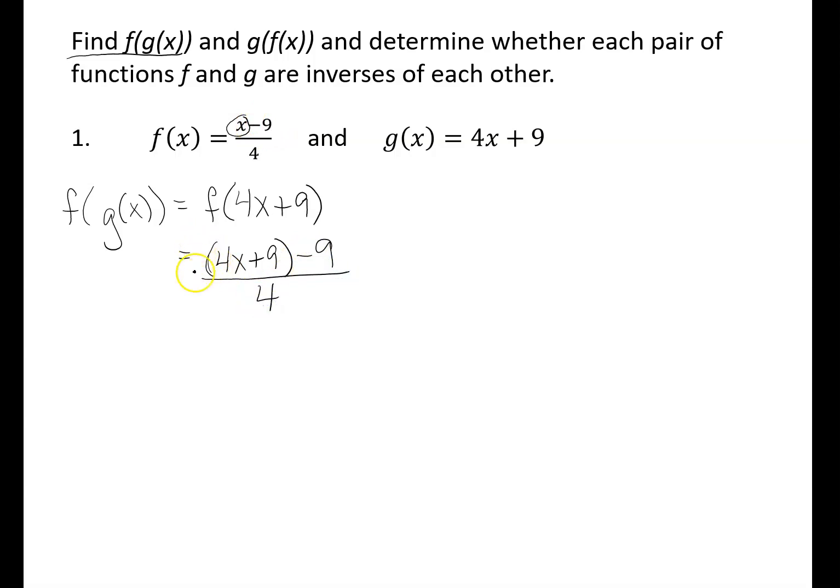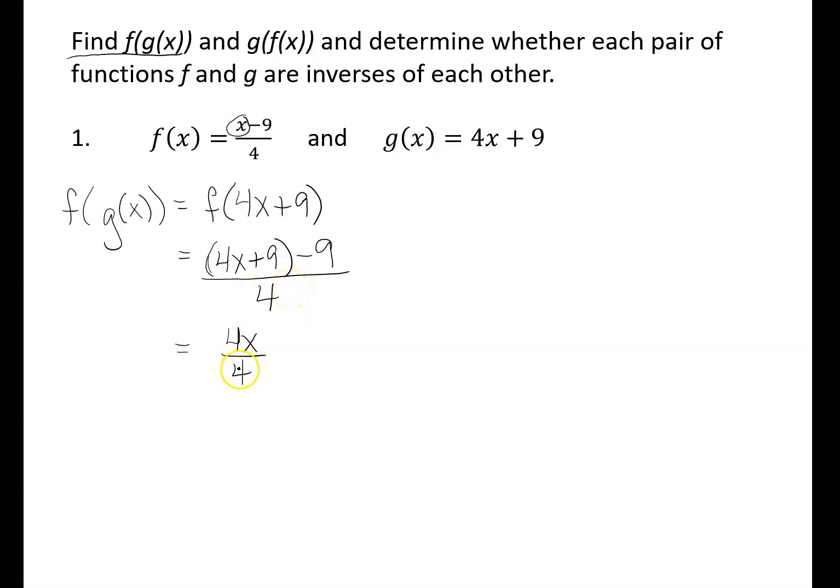Now, since we just have a 1 in front of our parentheses, we can go ahead and combine like terms on top. Distributing the 1 would just give 4x plus 9 right back. So I'm going to combine like terms. 9 minus 9 is 0. So now on top, I would just have 4x, and I would still have the 4 on bottom.